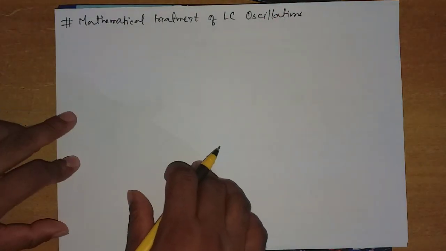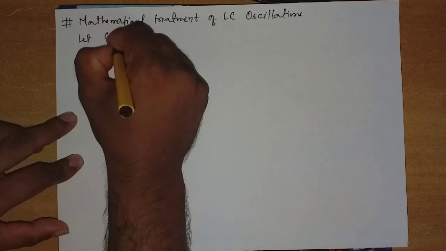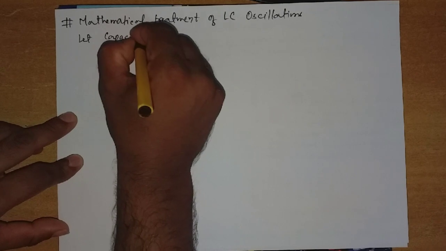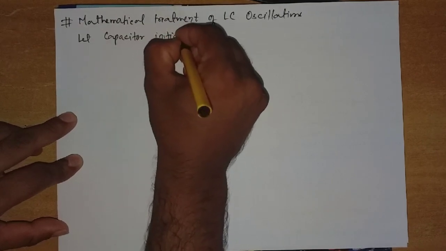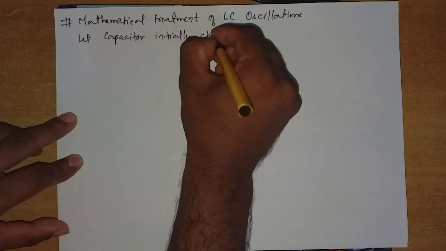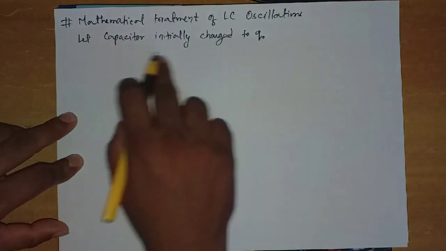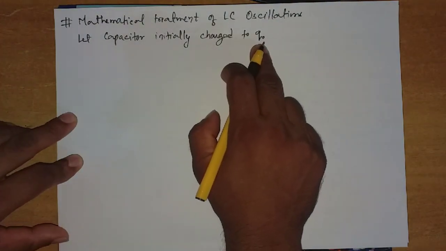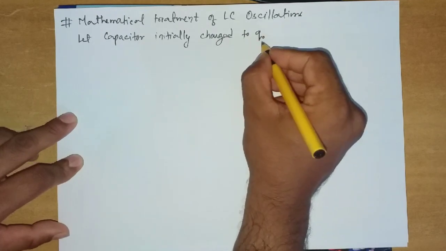Mathematical treatment of LC oscillation. Let the capacitor be initially charged to Q naught, meaning in the first diagram, the capacitor is fully charged when it has Q naught charge.